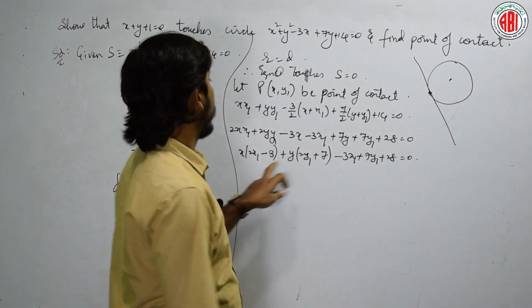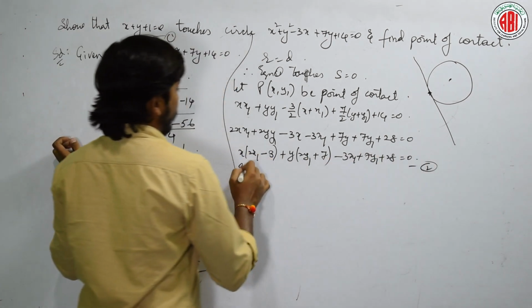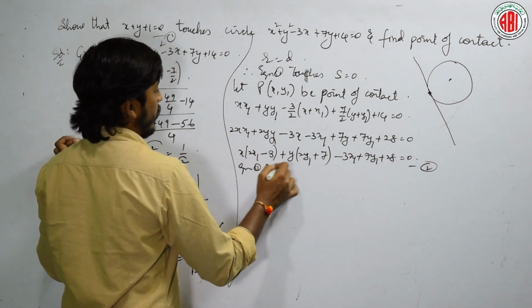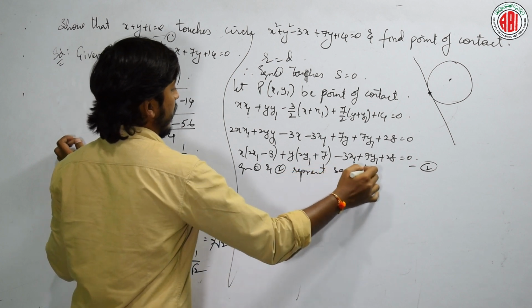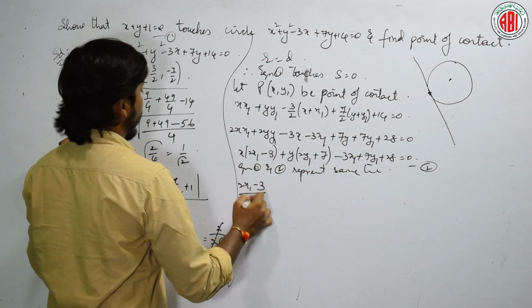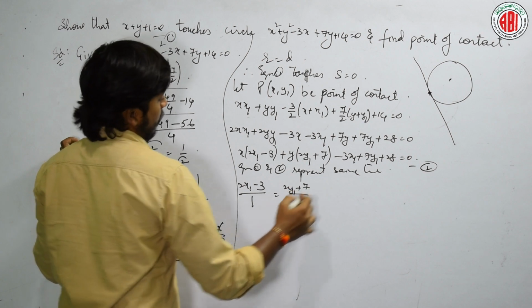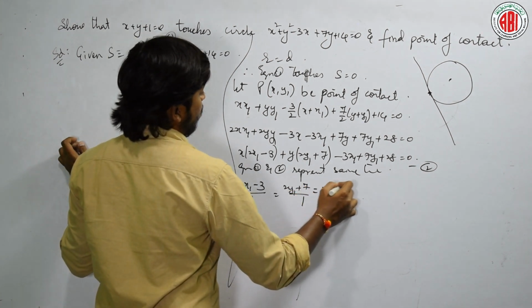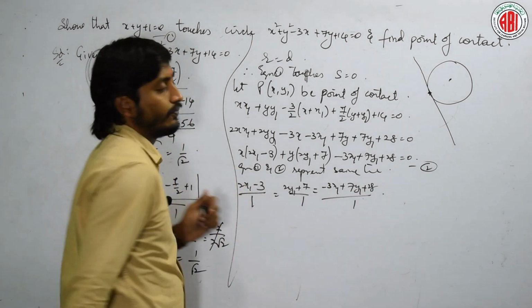Is it right? This equation and this equation, equation 1 and 2, represent the same line. So, I can write it as 2x1 minus 3 by 1, 2y1 plus 7 by 1, minus 3x1 plus 7y1 plus 28 by 1.